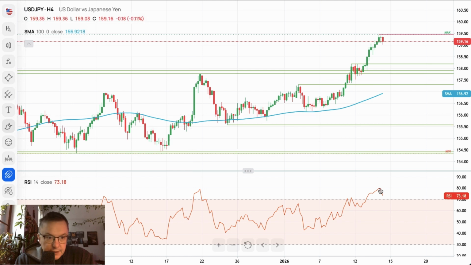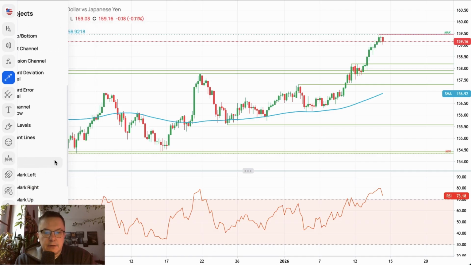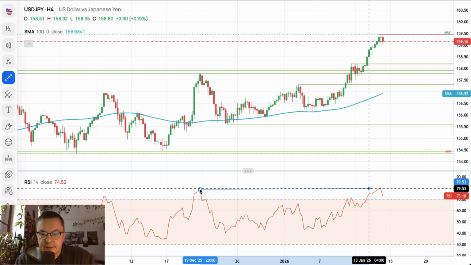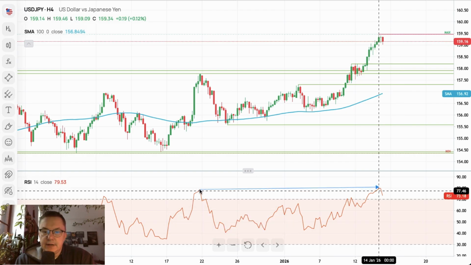And if you take a look here, let me just show you something. I just need my arrow. There you go. So that's the last time we hit extremely high levels on the RSI, 78. Yes, and this is 79, roughly 79.02, 1 point higher, right? Okay, it is higher actually. If you count everything, it is higher.